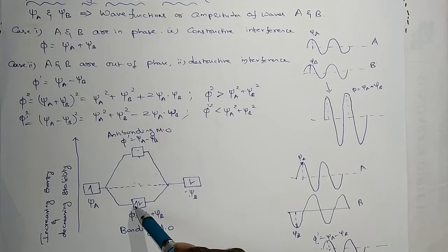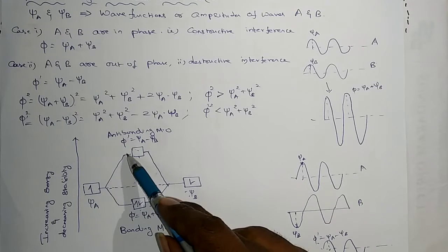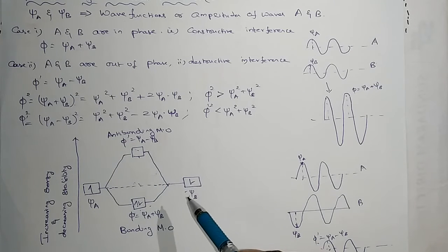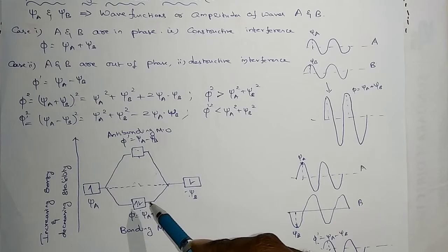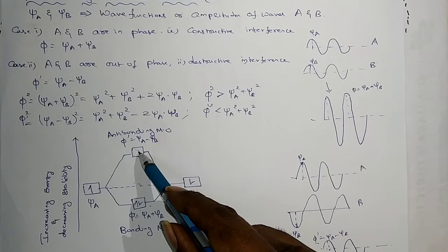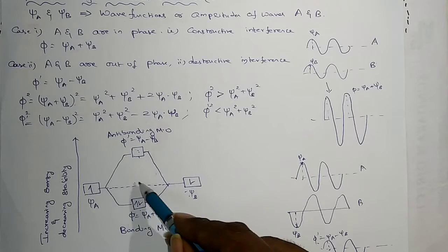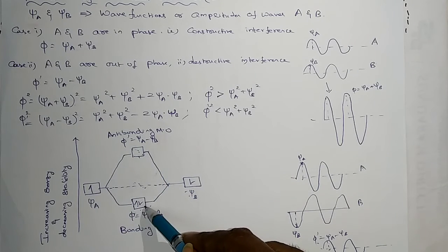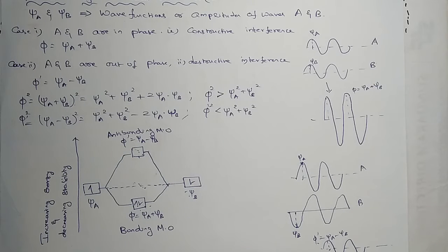As we saw earlier, the bonding molecular orbital has lower energy and greater stability; the antibonding molecular orbital has higher energy and less stability. However, the energy of the antibonding molecular orbital is raised by an amount greater than the amount by which the energy of the bonding molecular orbital is lowered.